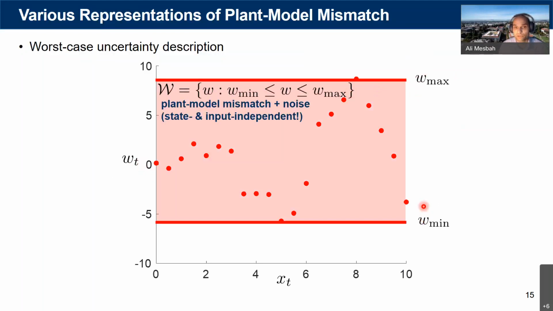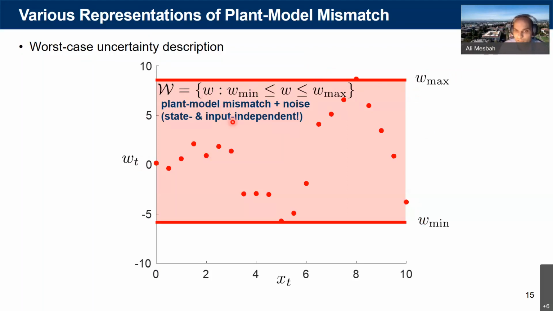Accordingly, we define some bounded deterministic or worst-case uncertainty description for W. And this uncertainty description is supposed to model both the plant-model mismatch and your noise.